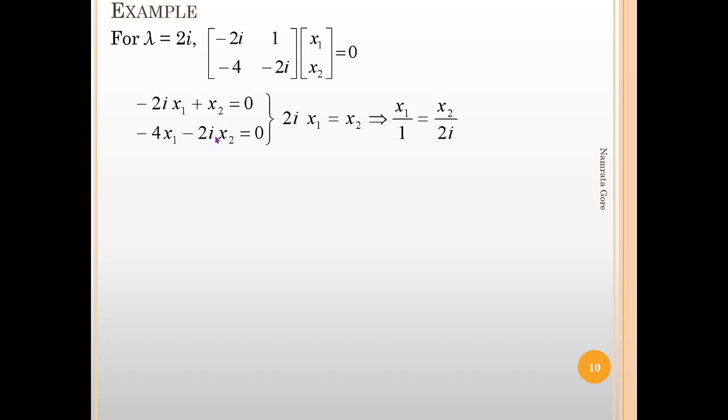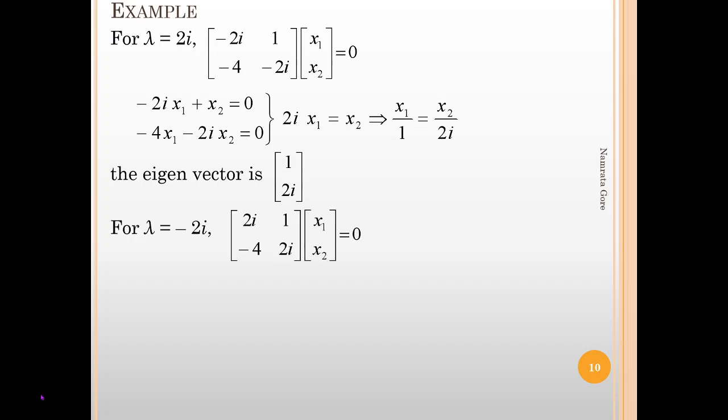So the coefficient of x2 is 1, and the coefficient of x1 becomes minus 2i. You can take pen and paper and try to solve. You will find the same equation as minus 2i x1 plus x2 equal to 0. Both the equations are the same, and therefore 2i x1 can be written equal to x2. Solving, we get the eigenvector 1, 2i.